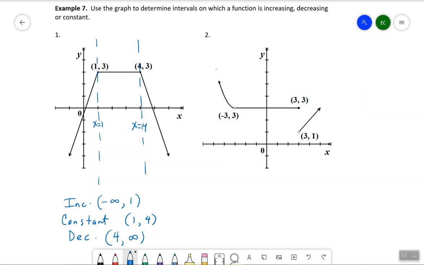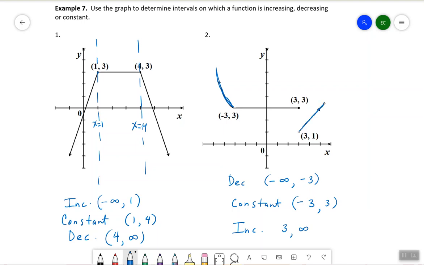We start out from left to right, decreasing, coming down to the point at negative 3, 3. So we're decreasing from negative infinity to negative 3. And then we're constant from negative 3 to positive 3. Again, those are values of x. And then we're increasing on the interval from 3 to infinity from left to right.